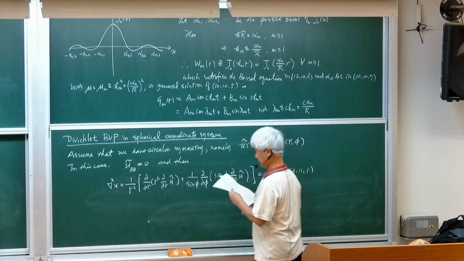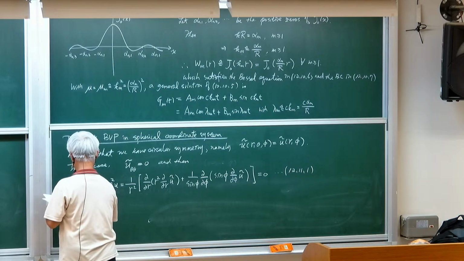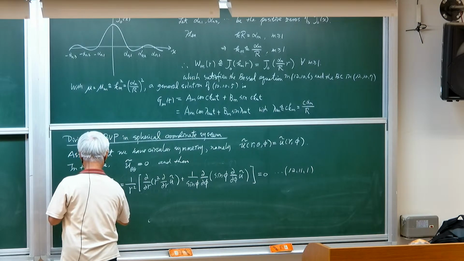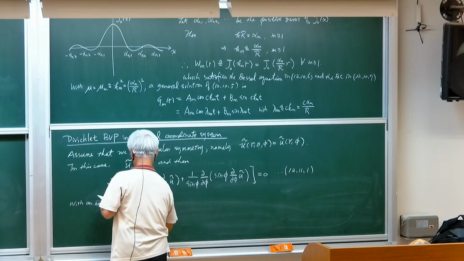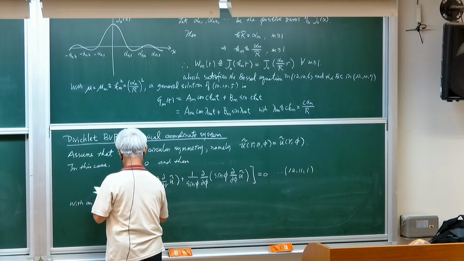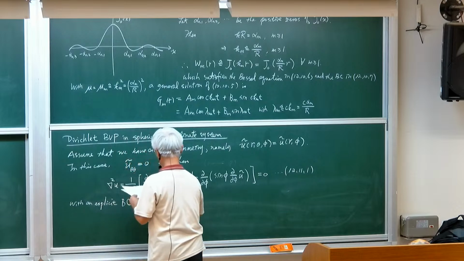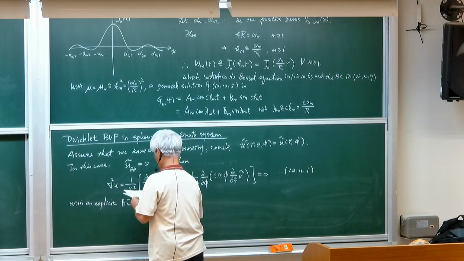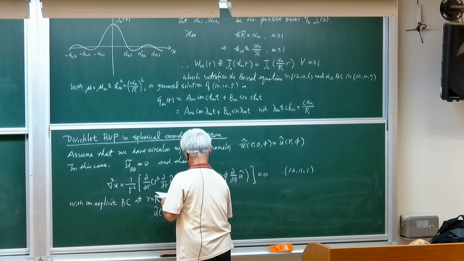This is called 12.11.1, with an explicit boundary condition at r equal to big R, that u tilde of R, phi is equal to f of phi.